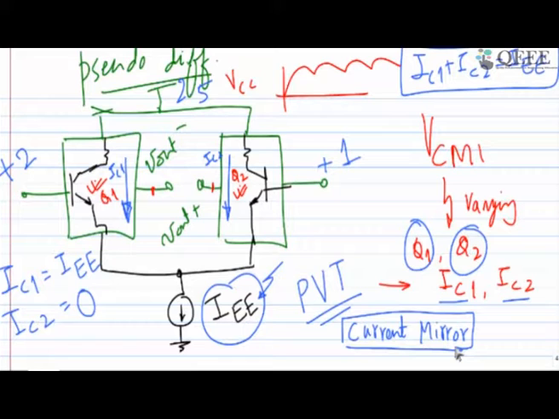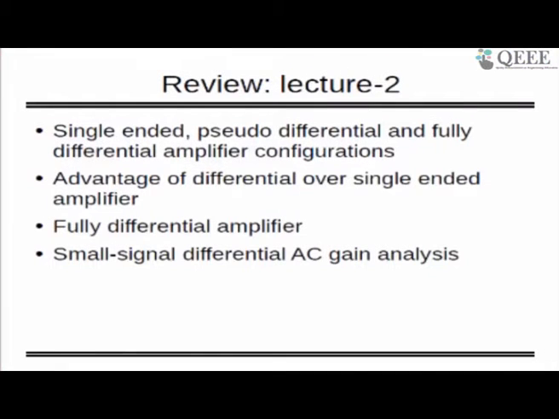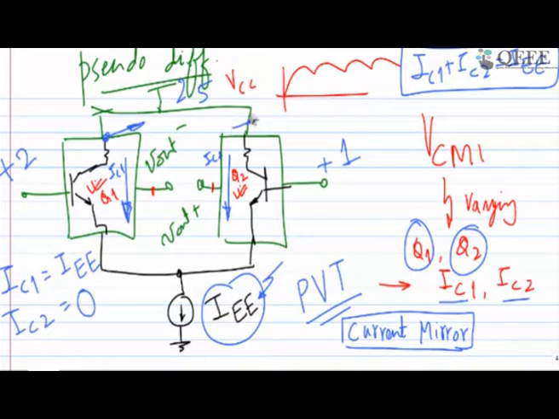So if it is coming from a current mirror and they are PVT independent, and that is the case, then IC1 and IC2 are depending only on the tail current, which is IE. This is what we found out, that pseudo differential amplifier is better, and differential amplifier is the one which has two inputs, and I am taking output from either of the sides.